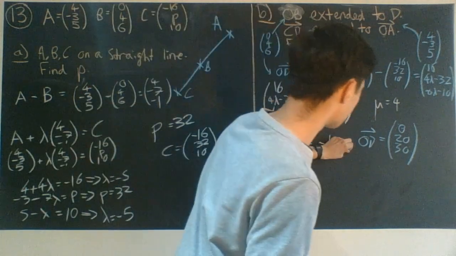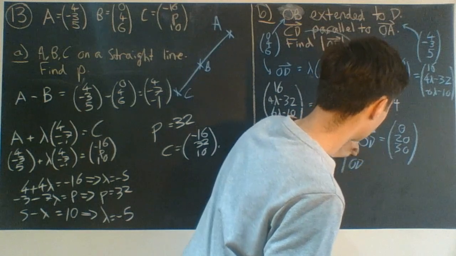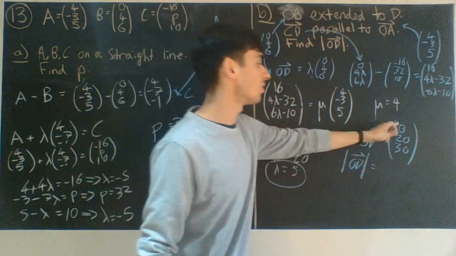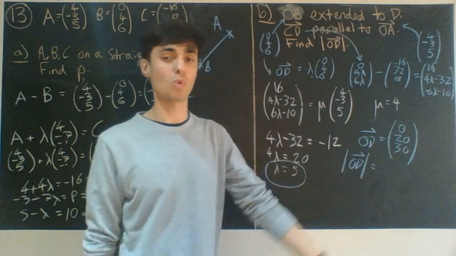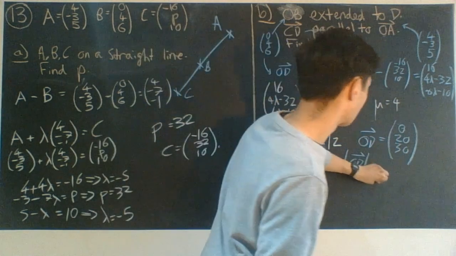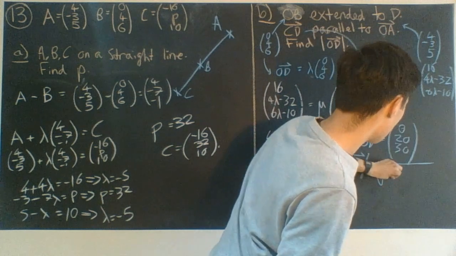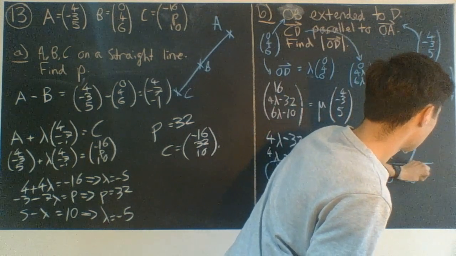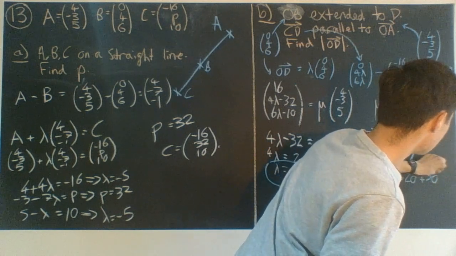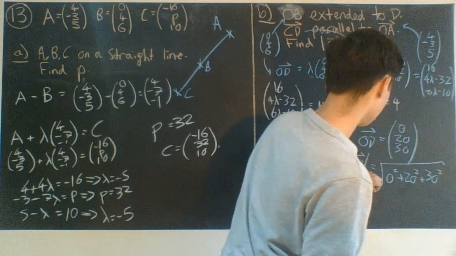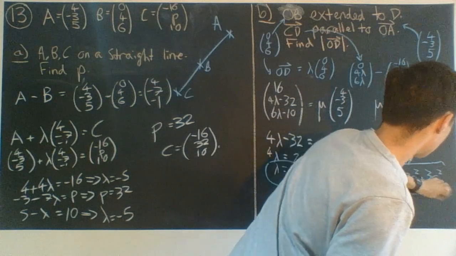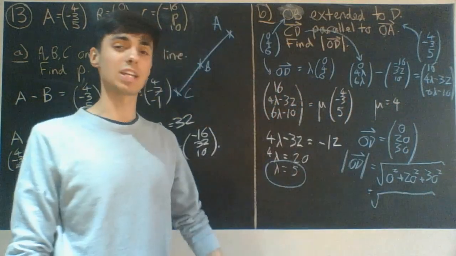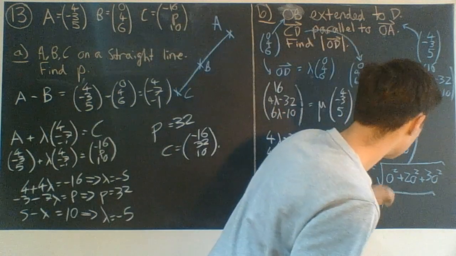So the modulus of OD is going to be the square root of each of these components squared and summed up. So it's going to be the square root of 0 squared plus 20 squared plus 30 squared. Well, this is 0, 400 add 900 is 1,300.